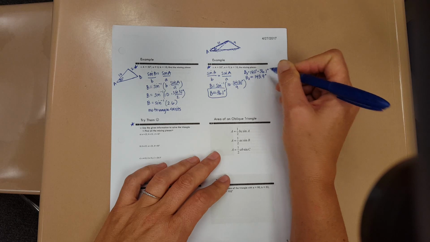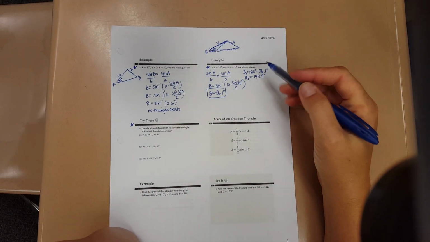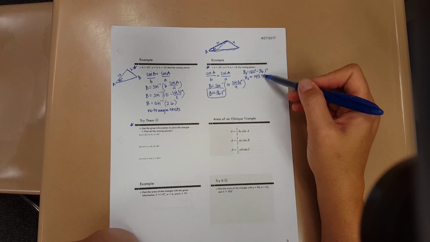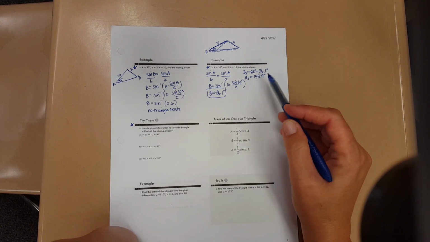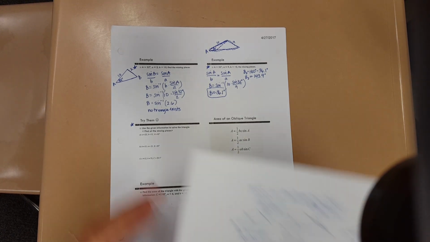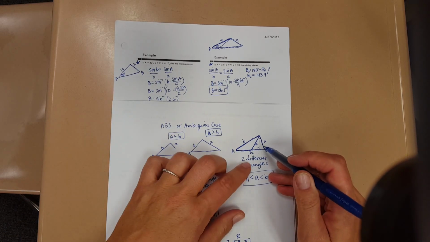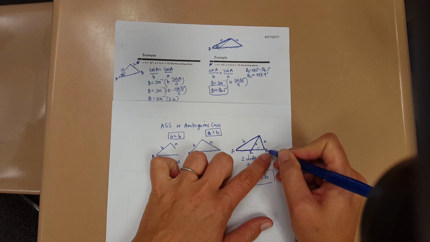Now, is this second triangle possible? Is the second triangle possible? And the answer is yes. Let me go back to a picture here, maybe right beneath it. This right here is the 36.1.